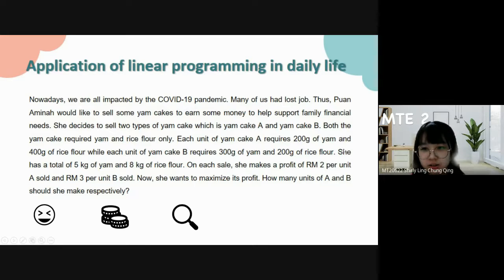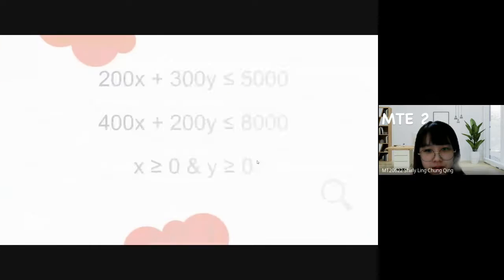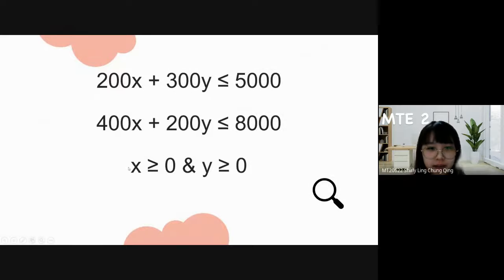So the second constraint is 400x plus 200y less than or equal to 8,000. At the same time, x and y must be greater than or equal to 0.